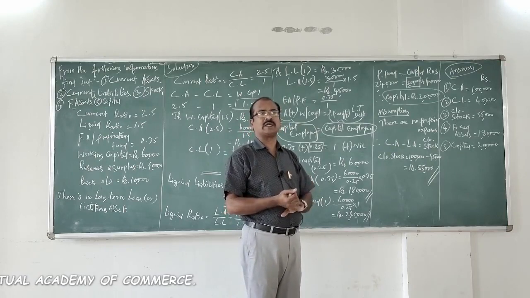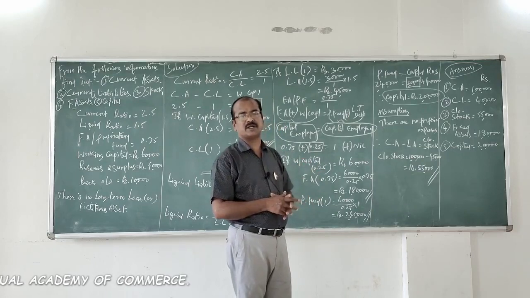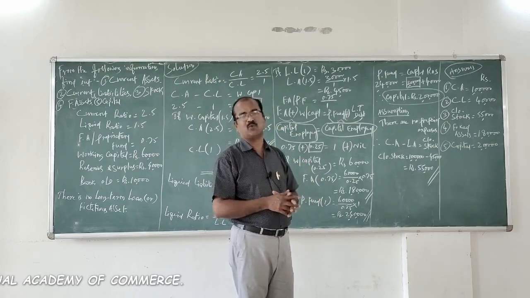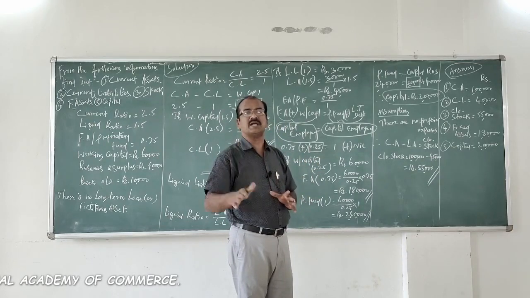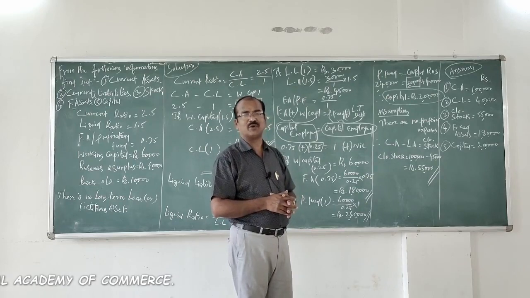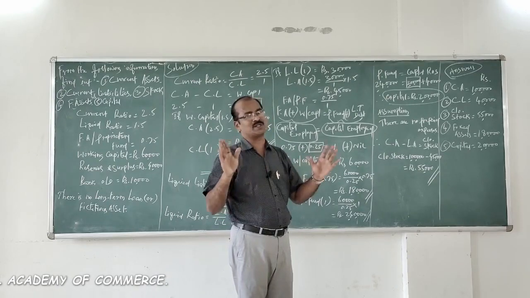If you want to calculate the value of stock in this situation, you have to make one assumption. You are allowed to do so. What is the assumption? You assume that there are no prepaid expenses in the problem. Therefore, the difference between current assets and liquid assets will be equal to closing stock.